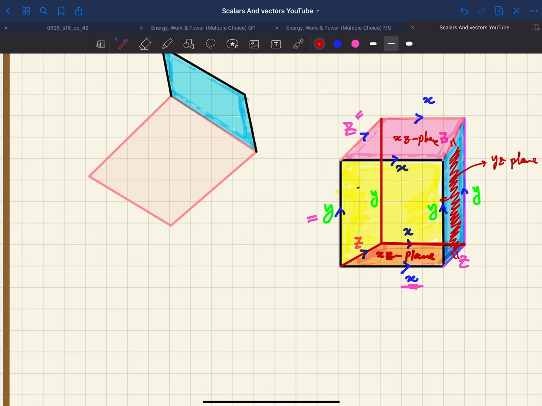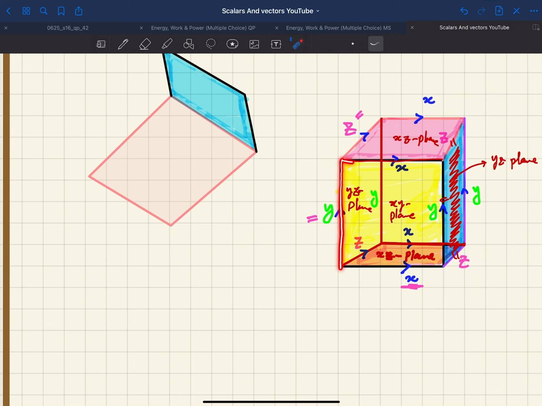This side again is the yz plane, and the front side of your room, which you can say is given by yellow color, is nothing but the xy plane, because this is the combination of your x and y.